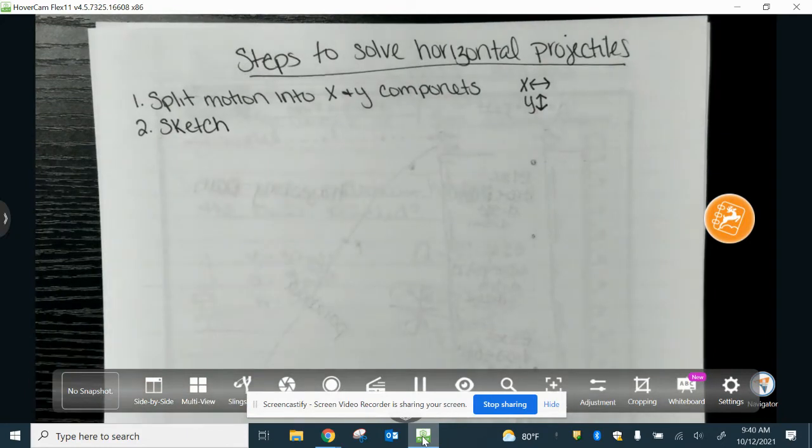Then you just sketch your motion. It will not take long, just so that you can look at everything you know. It helps to sketch it. In physics, it's part of the problem-solving process.